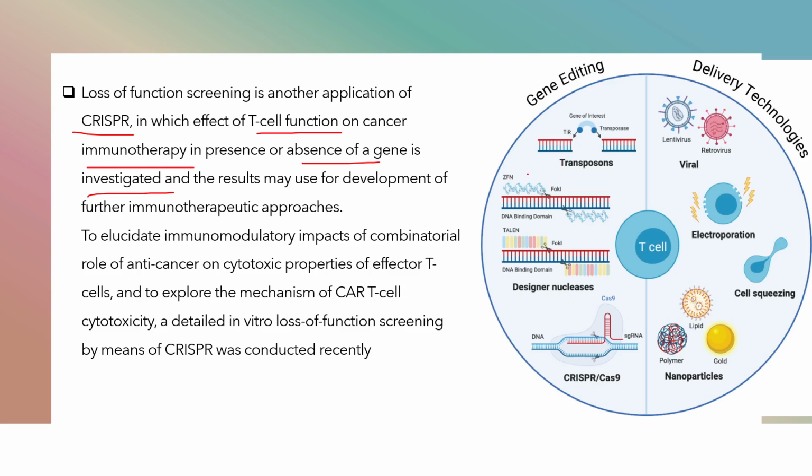Using ZFN, zinc finger nucleases. With zinc finger nucleases you cut your DNA and make a double stranded break, and this double stranded break can be joined together via NHEJ, that is non-homologous end joining method, or homologous recombination method. Fine. So this one method is the zinc finger nuclease method.